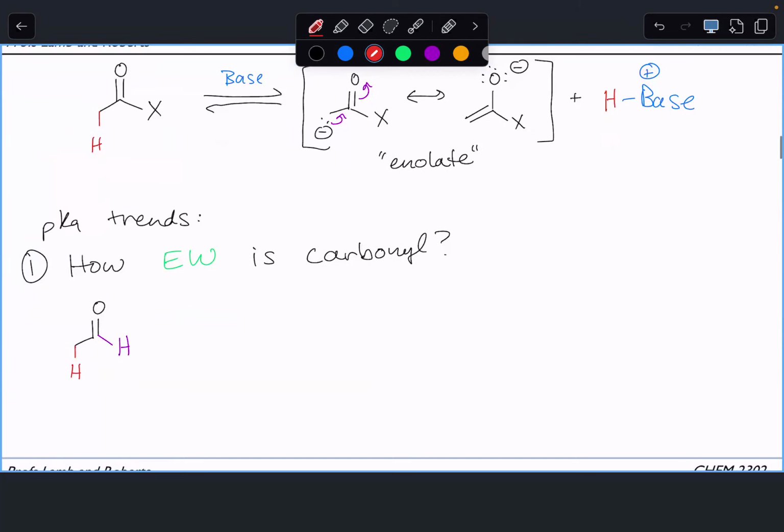Okay, we're always talking about the pKa of the red proton. Okay, so here's our aldehyde. So remember, carbonyls are always going to be electron withdrawing because we do have this resonance form where we just pull the electron density away from that carbonyl carbon to make a positive charge.